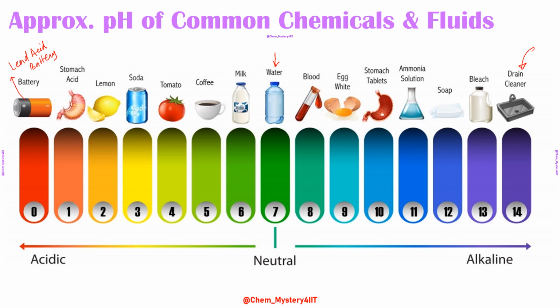Whatever clogged organic material there would have been, it can dissolve those, because KOH is very strongly basic. There will be hardly any organic compound left which may not be cleaved by this strongly basic solution. With these different fluids, we can get an idea which one is more acidic, which one is more basic.